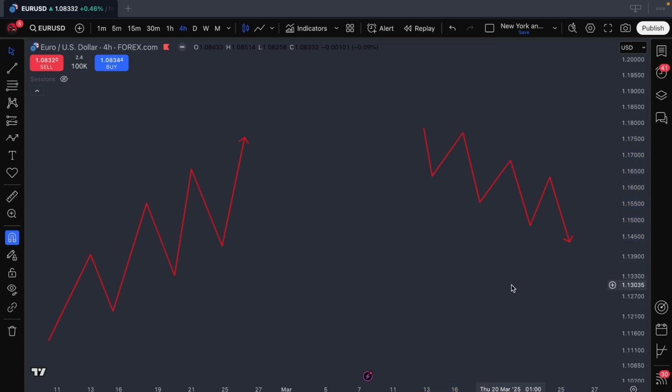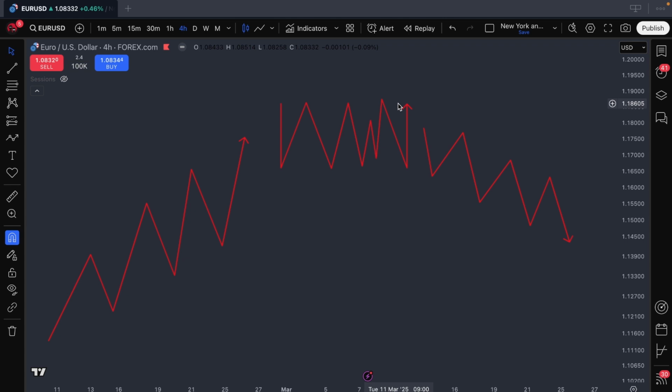Now we've got the third one, which is when price is ranging or consolidating. That means price is moving sideways. It's going nowhere. It's playing between a support and resistance, and this becomes annoying when you're looking at it on a chart. So market structure helps us trade in the direction of the trend, and it helps us avoid unnecessary losses.